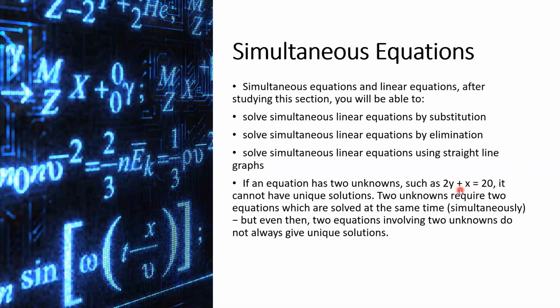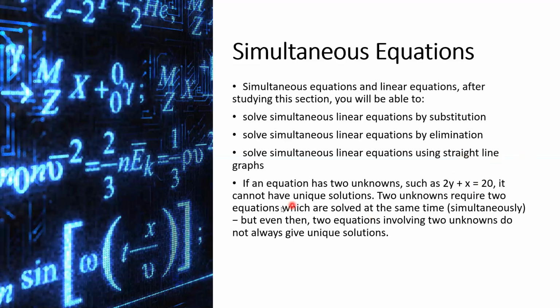Guys, as you remember in linear equations, if it's 2y, then it's plus a number equals 20 because it's only one unknown variable. But now here, as you can see, 2y and x are two different variables, y and x. All right, so that's why we cannot solve this the way we solve a linear equation.